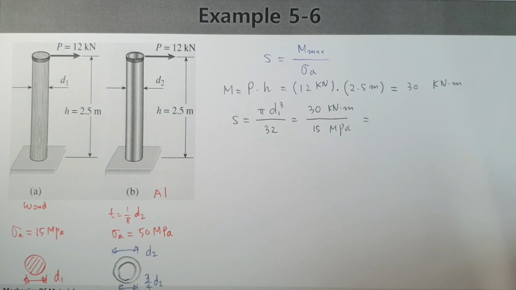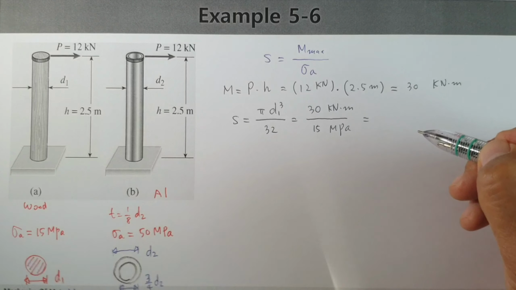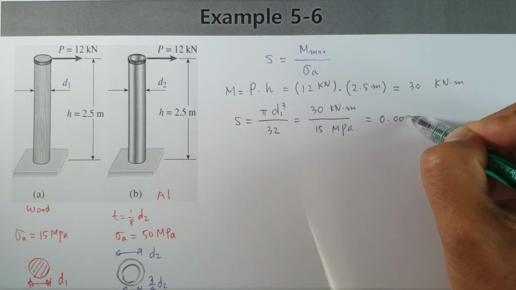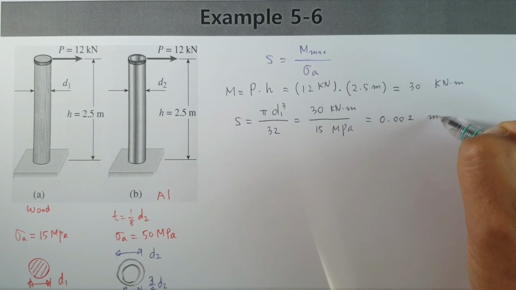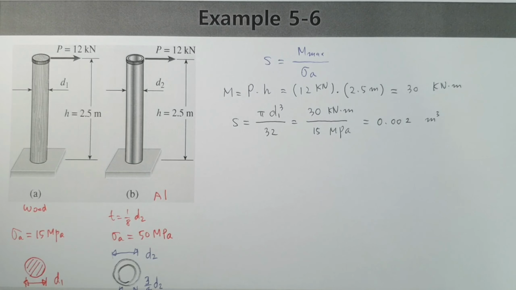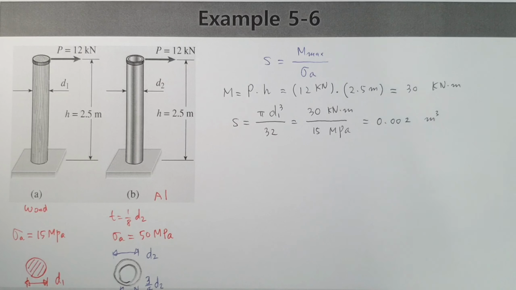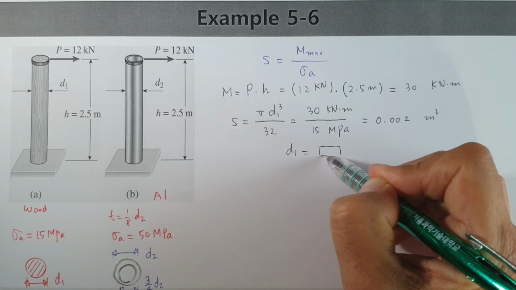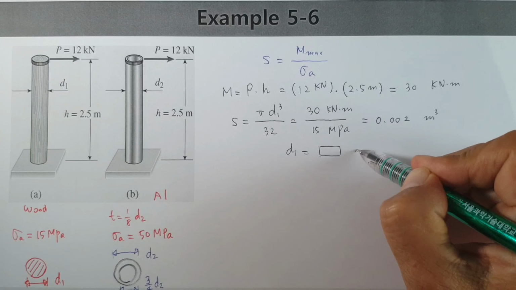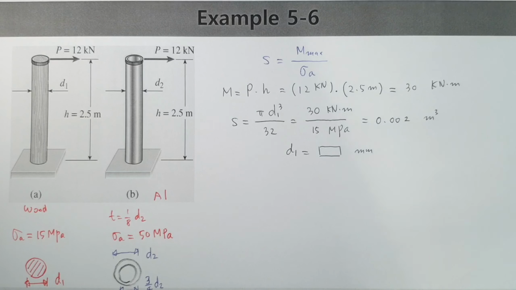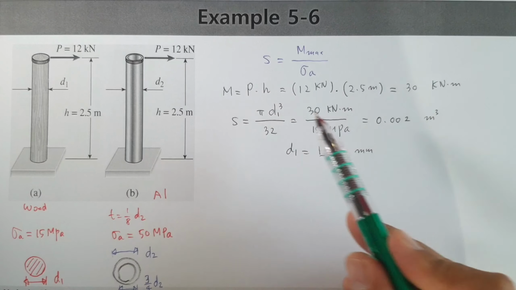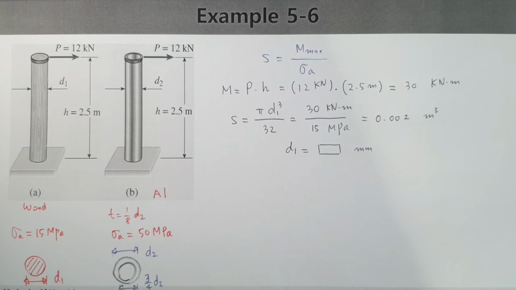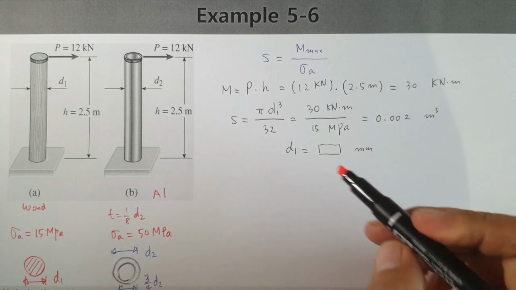Finally, when you convert this, we get 0.002 cubic meters. This is the section modulus. And then finally we can calculate the D1 value, which is expressed in millimeters. You can calculate the D1 value easily there. Then the first one was solved. We got D1.